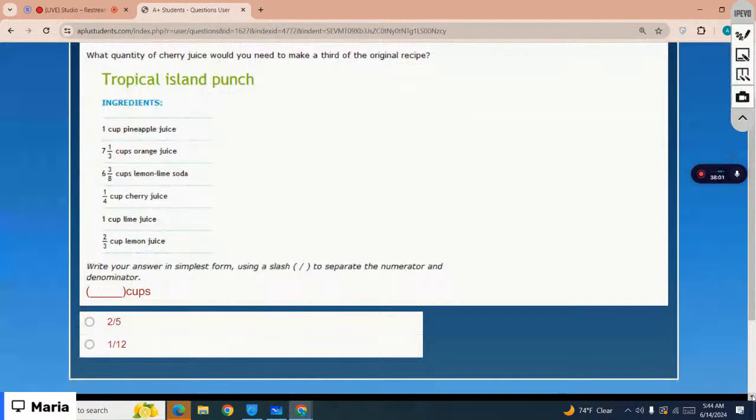That is 1 over 12. Option number 2 is the correct option.